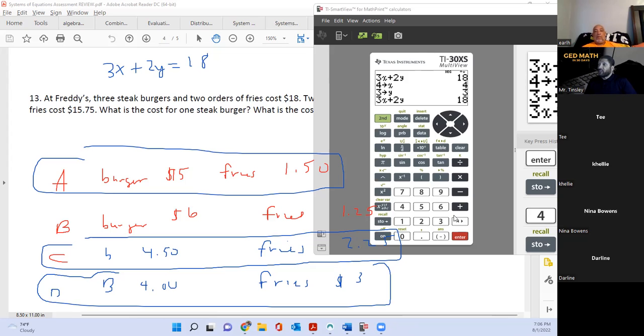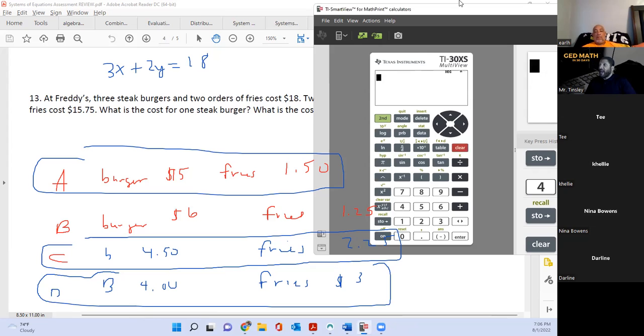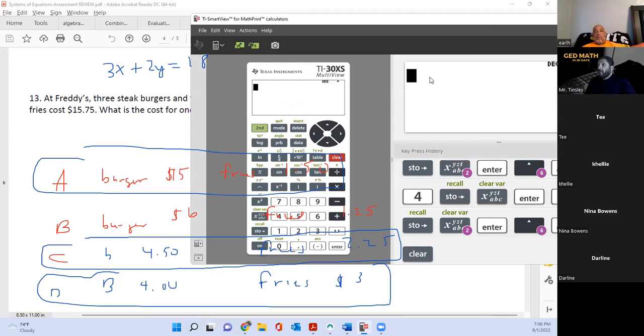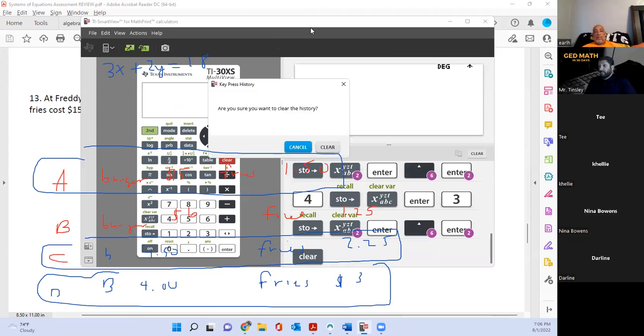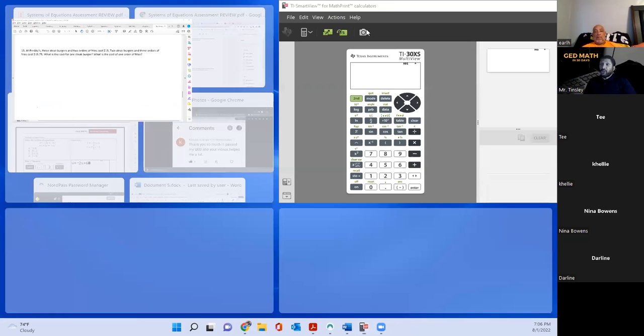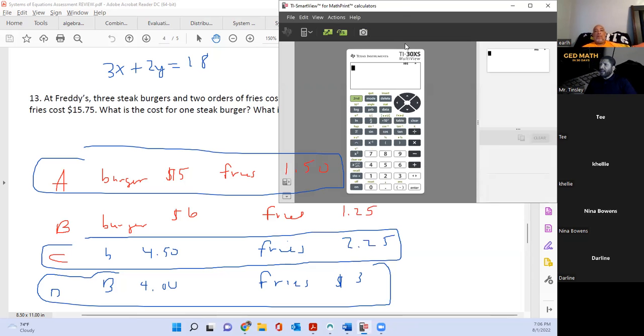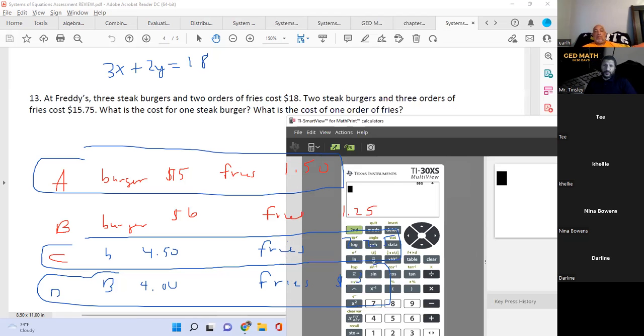So now I showed you that those options actually worked for 3 of our multiple choice. But what you have to realize is that it must work for both equations. Let me get that second equation: 2x plus 3y equals 1575.